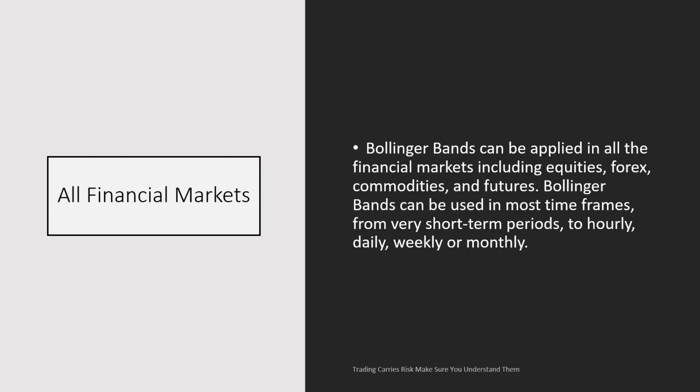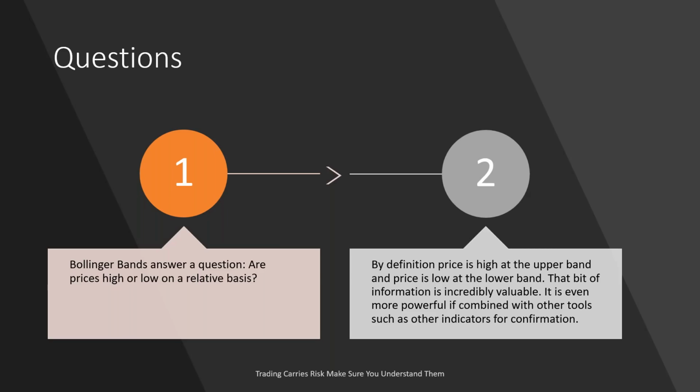Now, Bollinger Bands can be applied in all financial markets, including equities, forex, commodities, and futures. Bollinger Bands can be used in most time frames, from very short time periods to hourly, daily, weekly, or monthly. Now, Bollinger Bands answer a very important question. Are prices high or low on a relative basis?